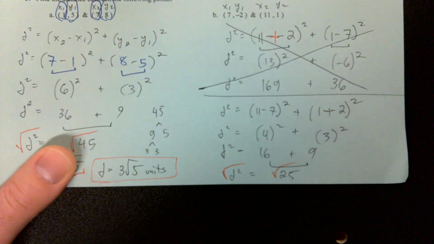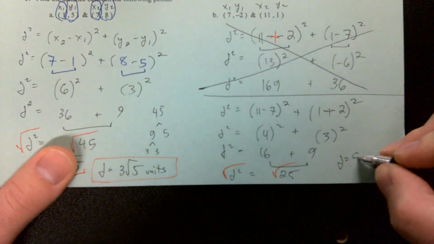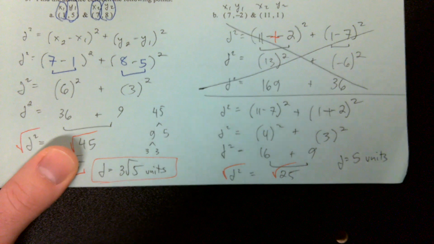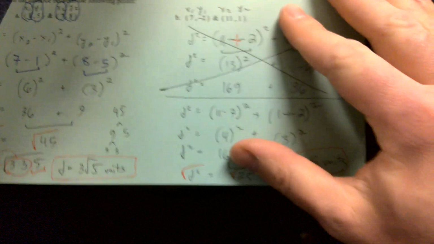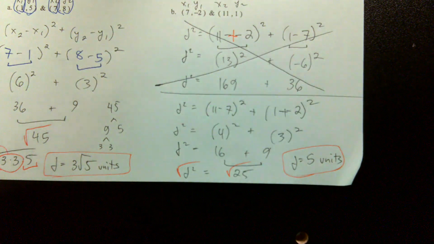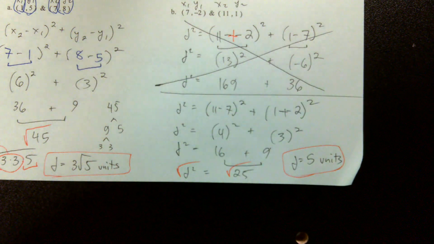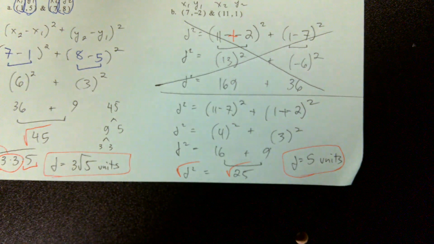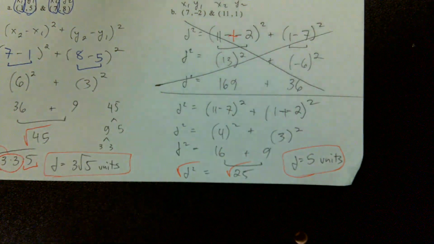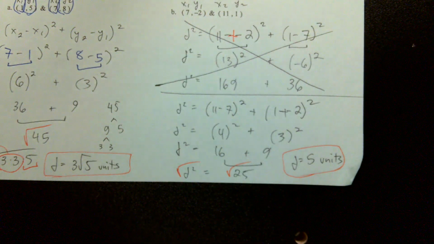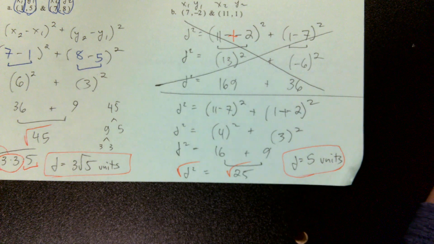Square root both sides. D is equal to 5 units. Great catch. All right, so take a look at that. Double check your steps with mine. Make sure everything looks all good. Ignore my mistake.